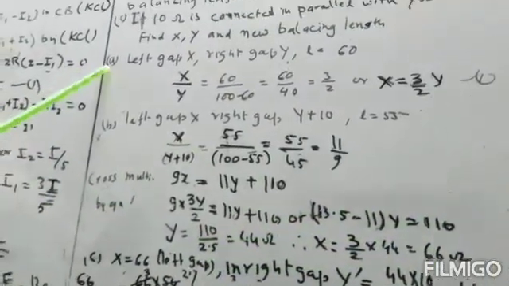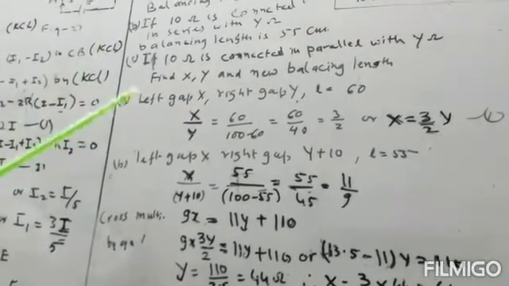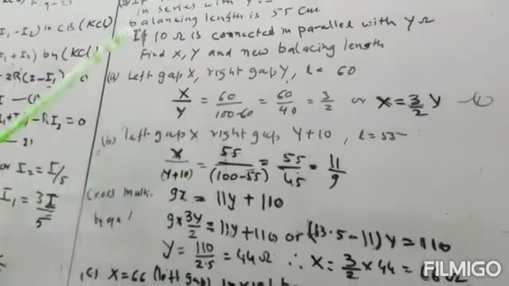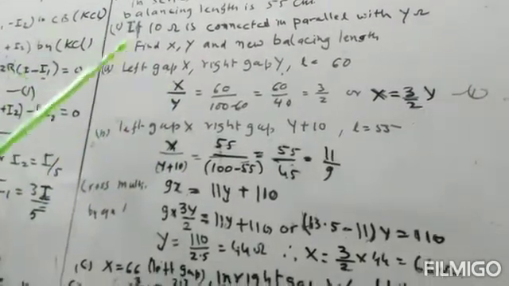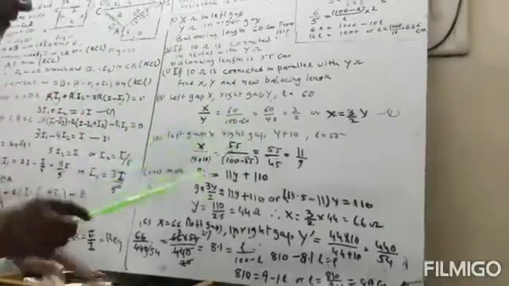Now the third case, when we shunt the resistance y by 10 ohm, then what will be the new balancing length?